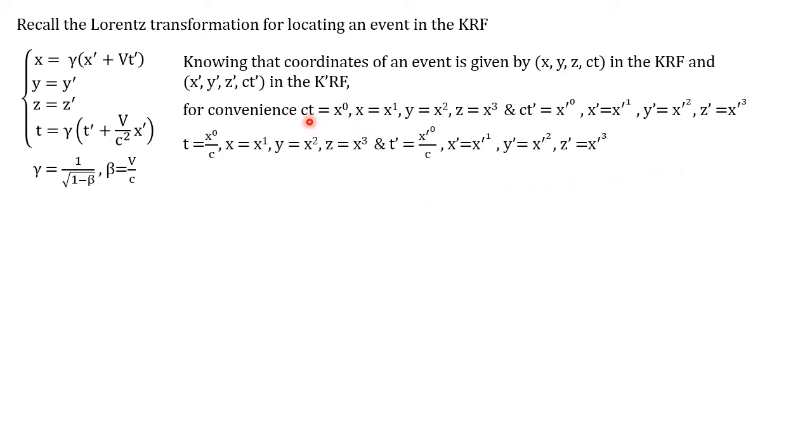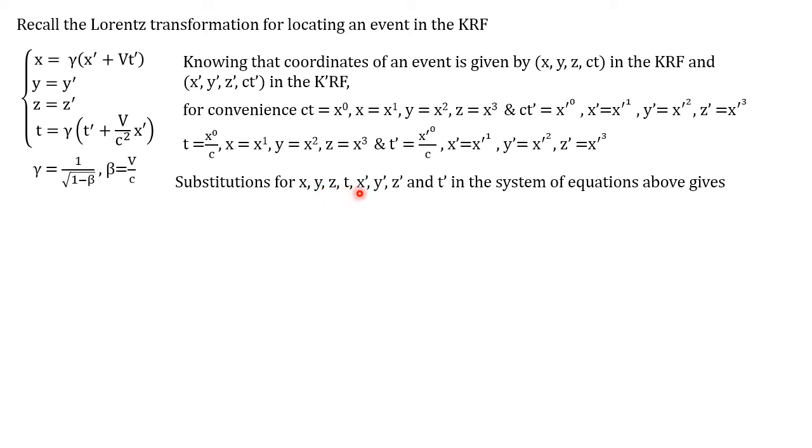Now, if we make t the subject, we have t equals x0 on c, and if we make t prime the subject, we have t prime equals x prime 0 on c. The rest remain unchanged. Now, in this equation, we're going to have t substituted by t equals x0 on c, and t prime replaced by t prime equals x prime 0 on c.